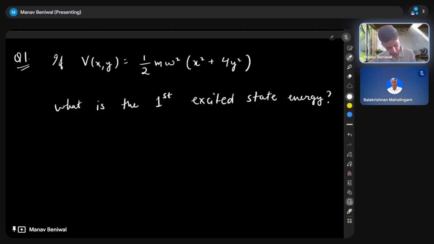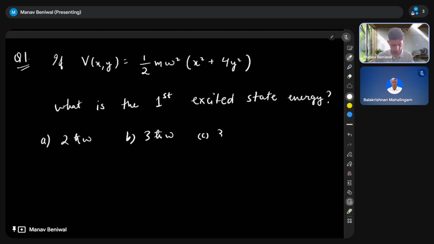So we have given a potential and then we are asked what will be the first excited state energy, and these are our options. So 2h cut omega, 3h cut omega, 3 by 2 h cut omega, or 5 by 2 h cut omega.